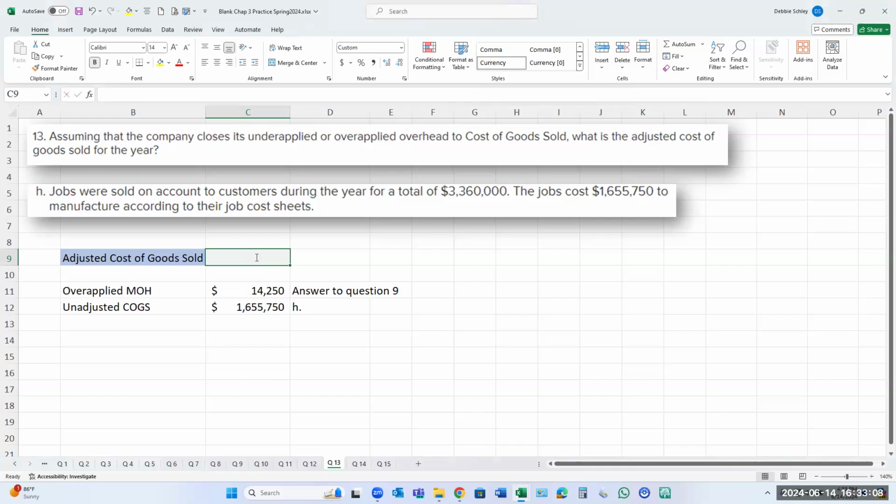So I will take the number from H minus the overapplied to get my adjusted cost of goods sold. If this had been underapplied, if I had not applied enough on the books, then I would have added. But this one is overapplied, so I subtract.